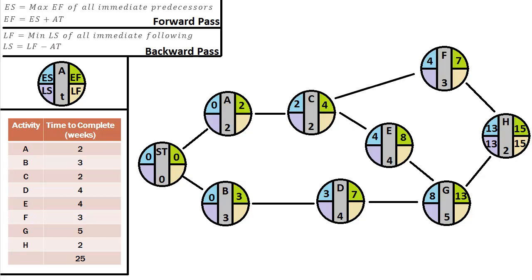Well, we just did it. It's 13. So the purple section of H is 13. So that is the tan section in F. Now we'll figure out our latest start, which is the purple. And remember, that is just the LF minus our activity time. So we have 13 minus 3, and that is 10.